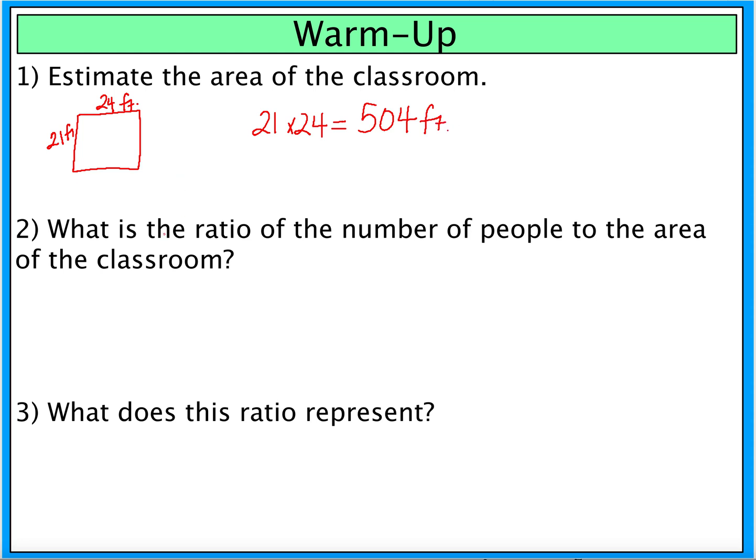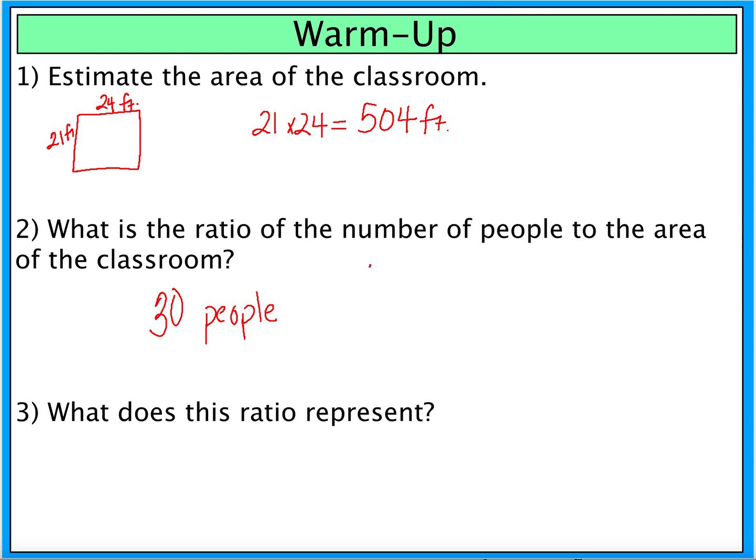Okay. Now, probably in the classroom right now, if you include the sub in the room, there are usually about 31 of you in class, let's assume somebody is absent. Let's just say there's 30 people right now in the classroom. I'm going to laugh if there are actually 30 people in the classroom today. We want to know the ratio of the number of people to the area.